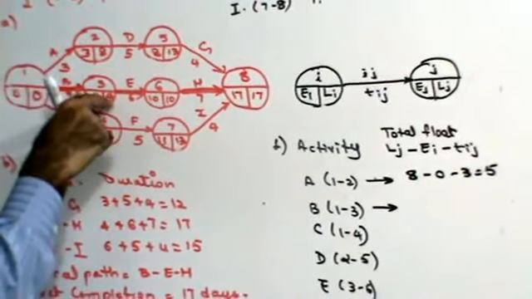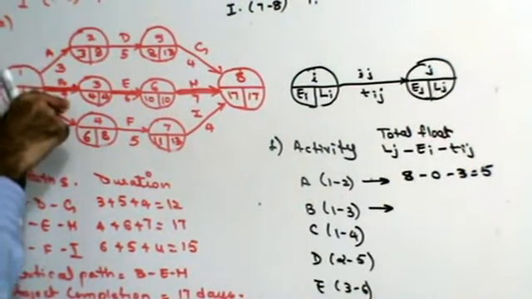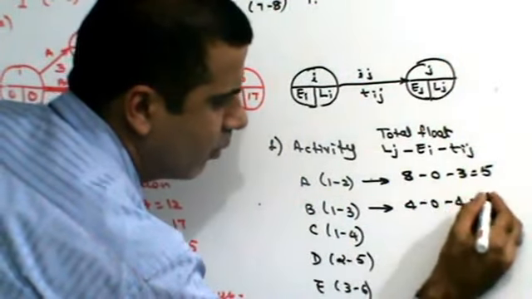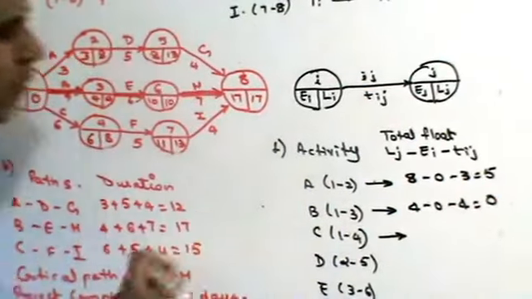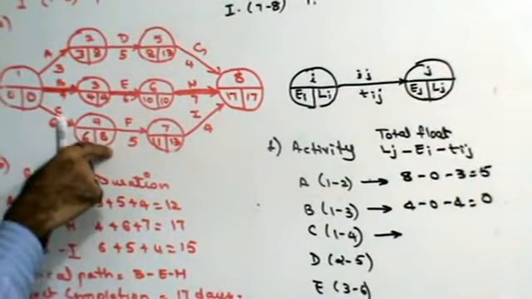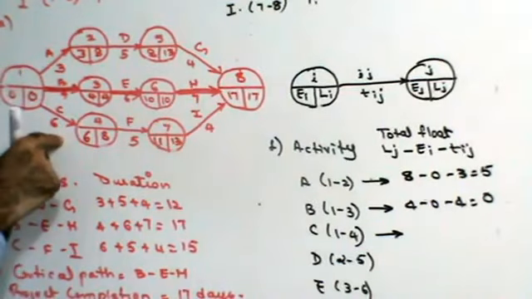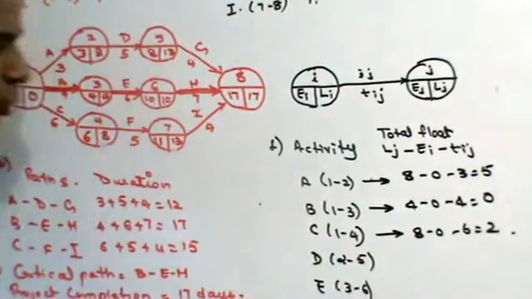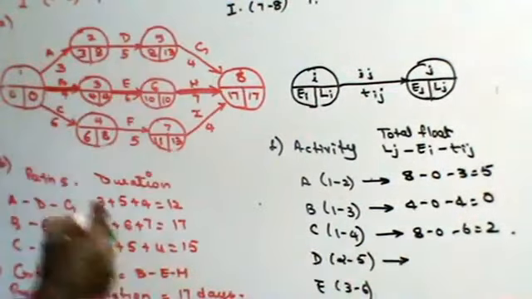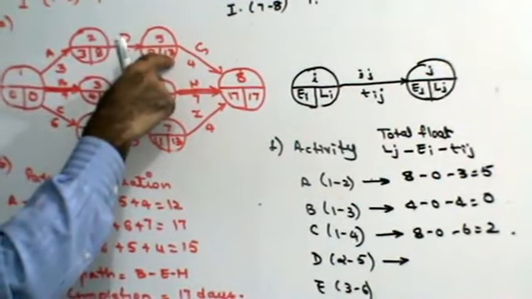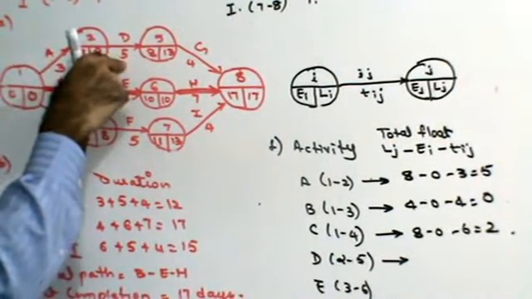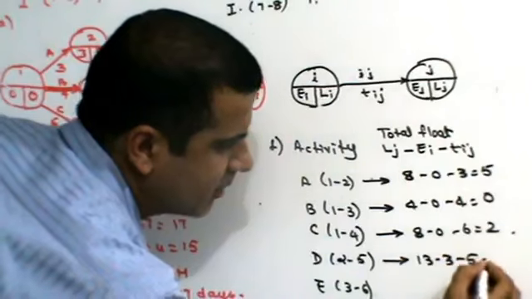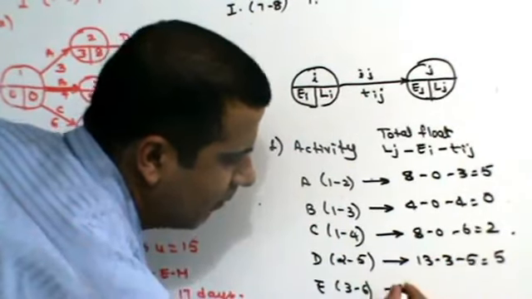For activity B, it will be 4 minus 0 minus 4, 0. For activity C, 8 minus 0 minus 6, 2. For activity D, 13 minus 3 minus 5, that will be 5.